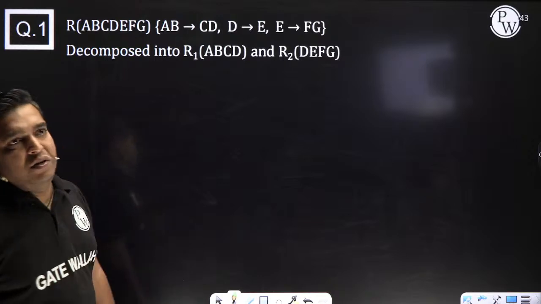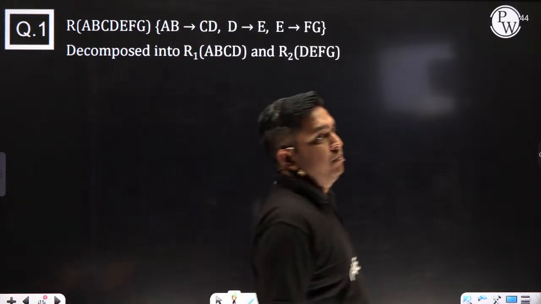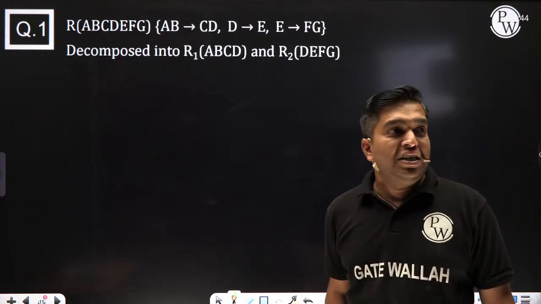Now solve this one, beta. Solve this one. Is it clear? Each and everyone clear? Tell me fast.